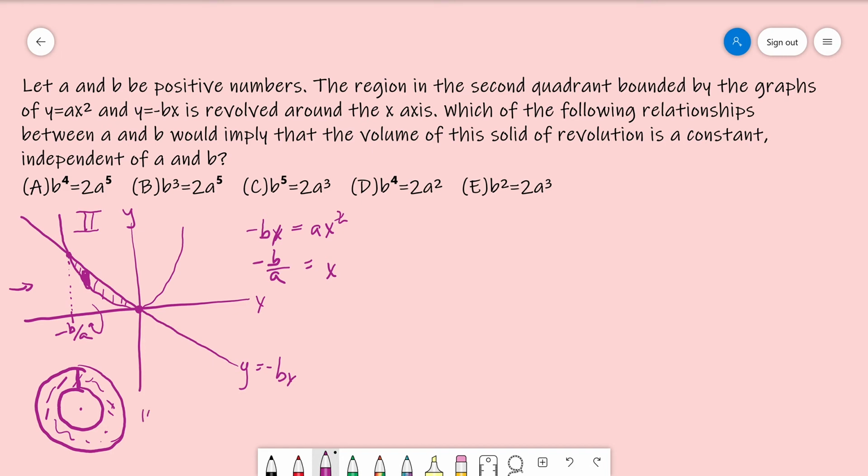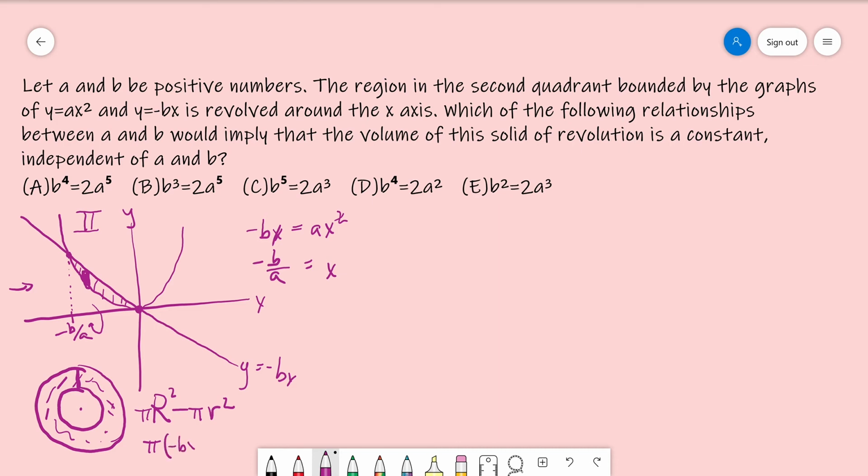And the area of the big circle is going to be pi times the radius of the big circle, r squared, minus pi times the radius of the little circle squared. In our case, the big circle radius is actually negative bx, because that's the equation of that line.